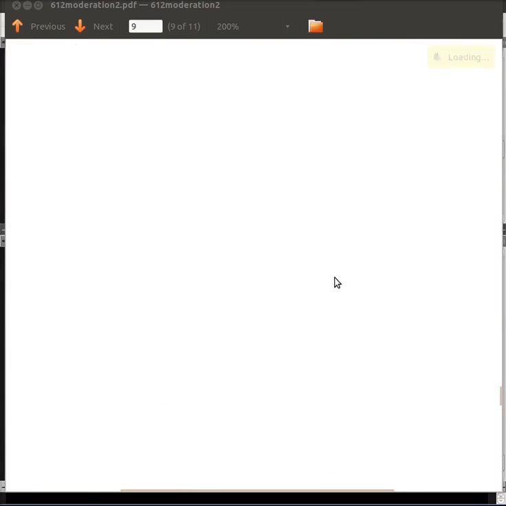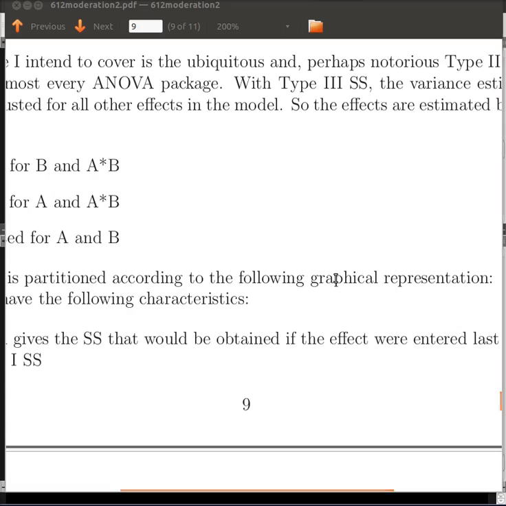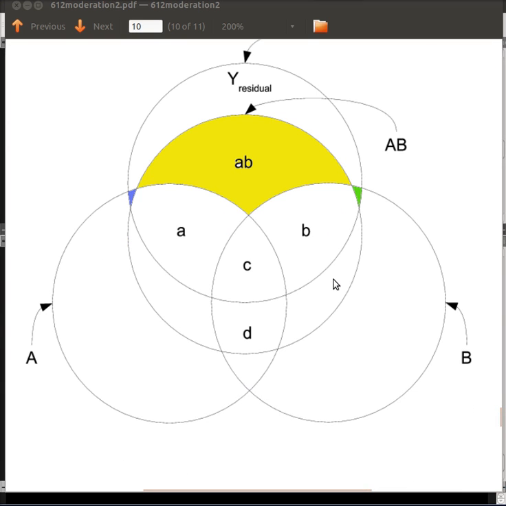The third type is called simultaneous, and this is what I've found to be the best way to show this: any shared variance among our predictors is eliminated. The reason it's eliminated is that all of the effects are estimated simultaneously. So A and B and AB are all entered together and estimated simultaneously.